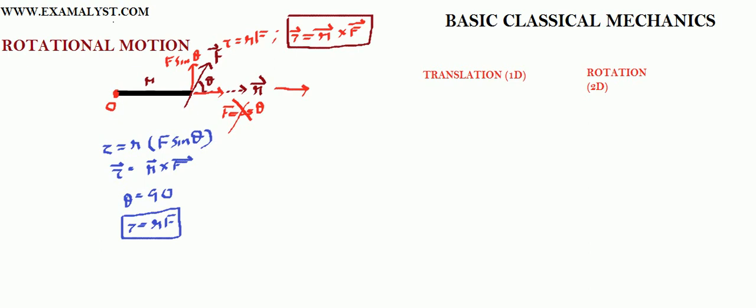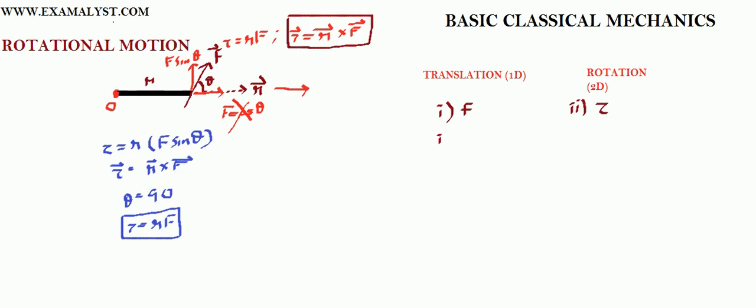So you see, there is an analogy between translation and rotation in 1D, because in translation, force was the main thing that decided the motion, but in rotation, not only force, but where you apply the force is important. So torque is the main deciding factor for rotational motion. The more the torque, the more the rotational motion.